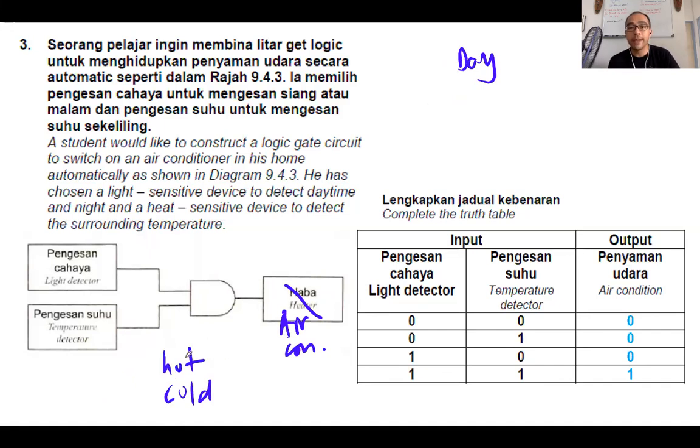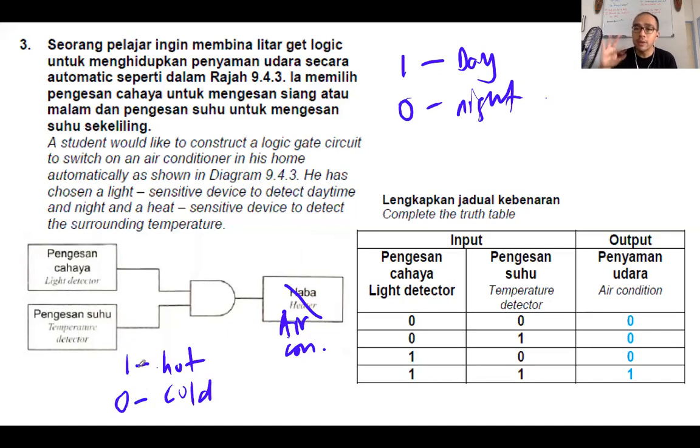If it is daytime and it is hot, then usually we will want that to be turned on, to detect the surrounding temperature. So if we use the AND gate, then daytime is 1 and hot is also 1. So 1 will be daytime and 0 will be night, whereas 1 will be hot and 0 will be cold.